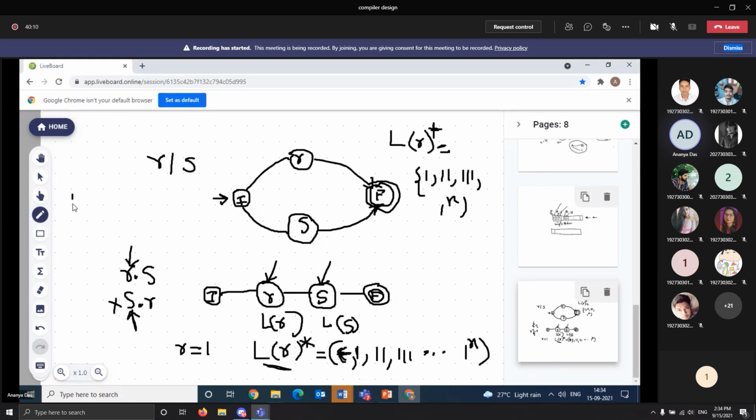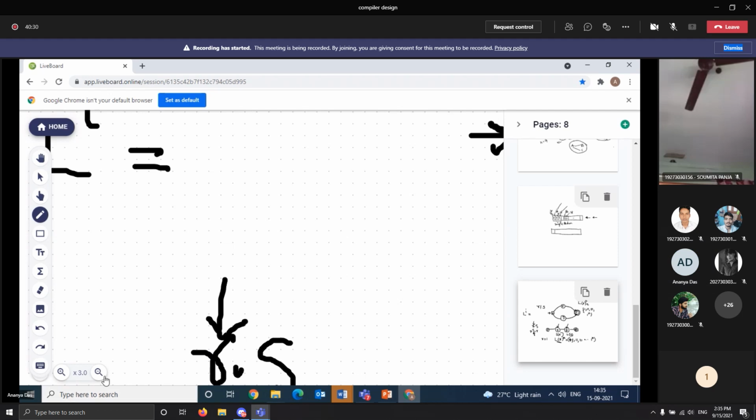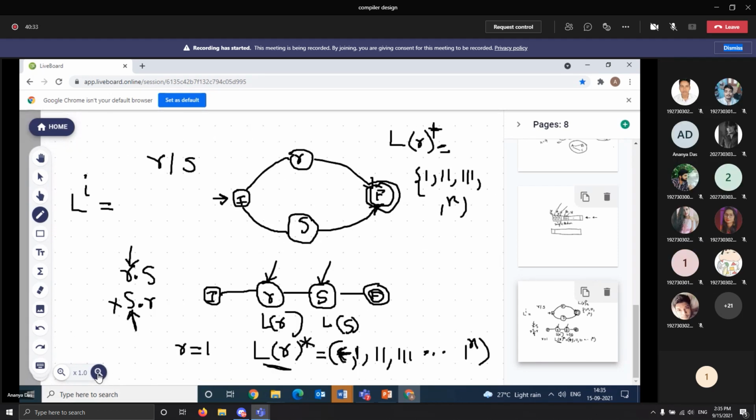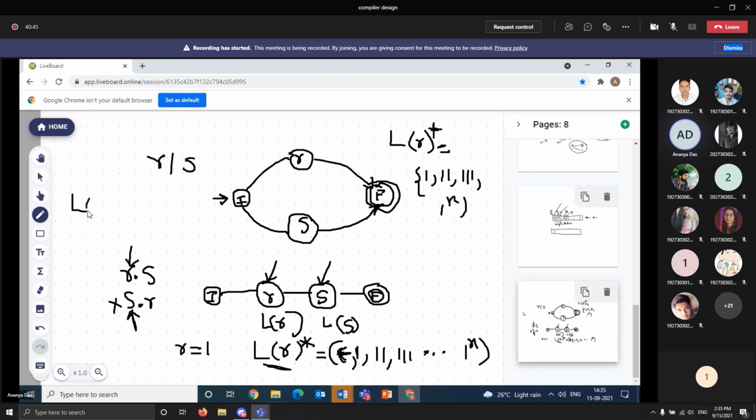So in that case, you will write LR to the power I. Suppose the I value is 2.